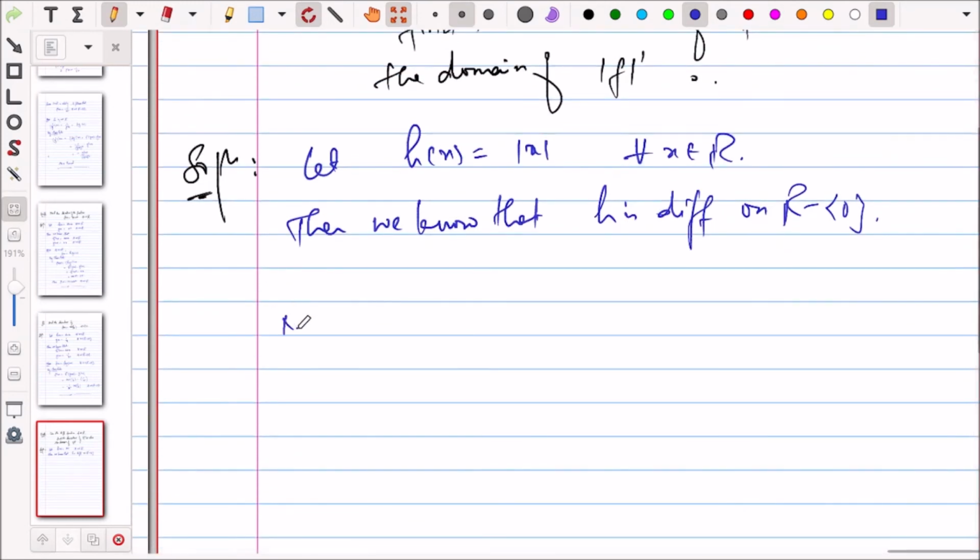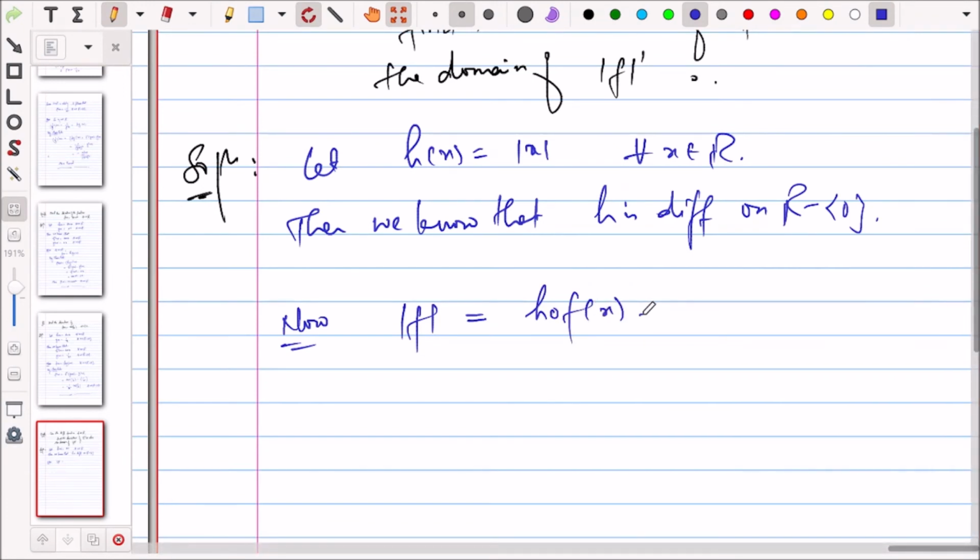Yes. Yes, sir. Now mod f क्या हो जाएगा, is equal to h of fx.